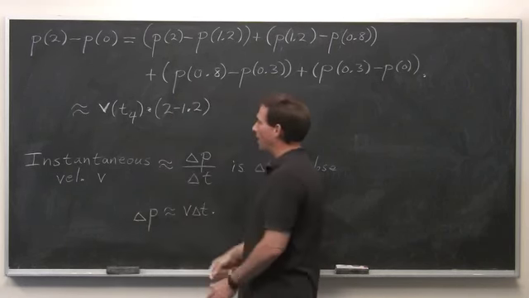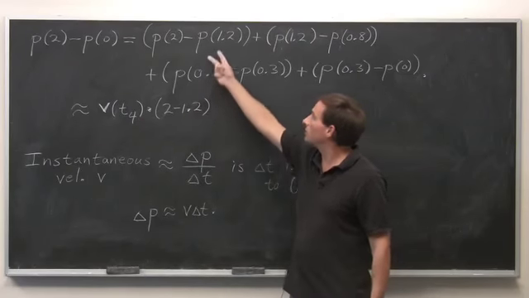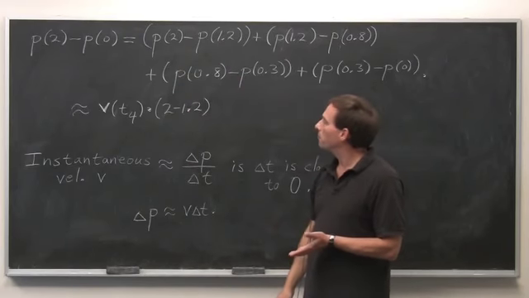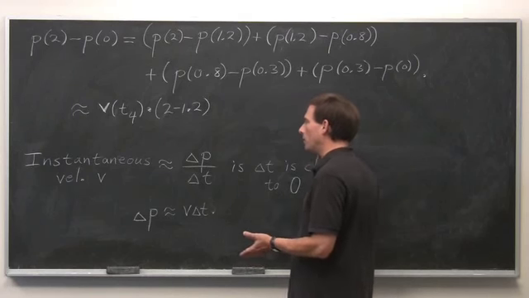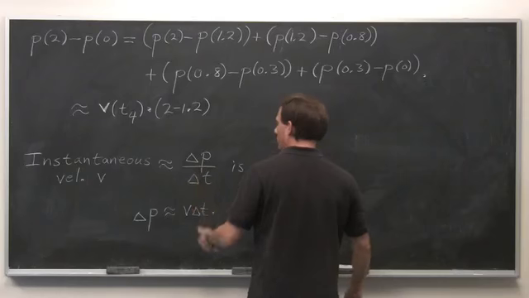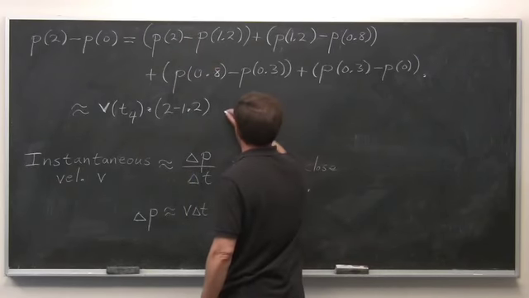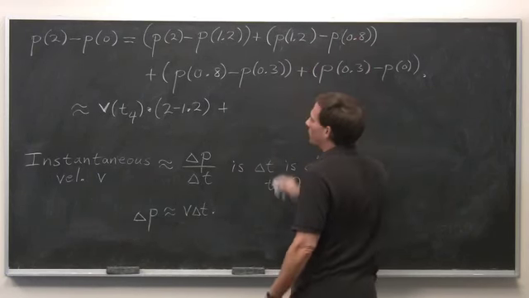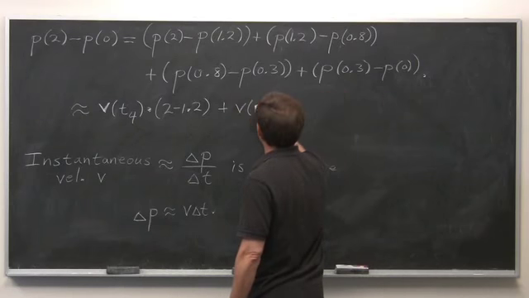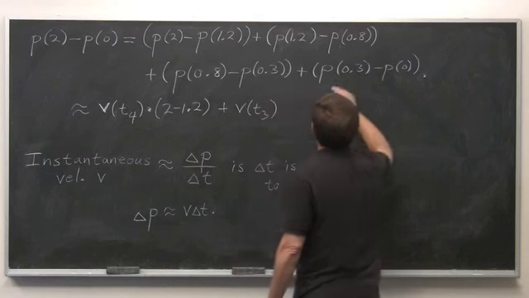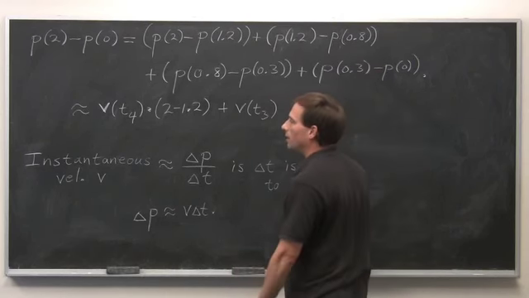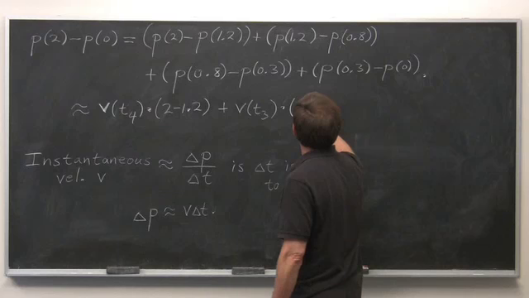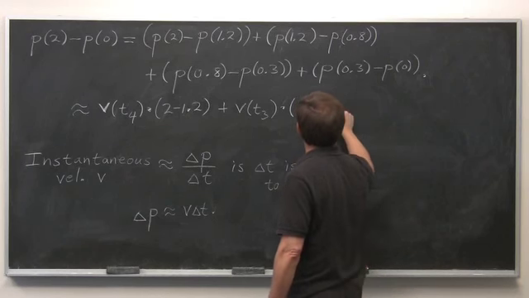So this is the velocity at time T4 times the change in time on this subinterval. It should be approximately this displacement. It could be exact, but we don't know that unless we were told something like the velocity is constant in that time interval. Plus, on this subinterval, the one from 0.8 to 1.2, we're given the velocity at time t3, which is between 0.8 and 1.2, and we'll multiply times the change in time there.